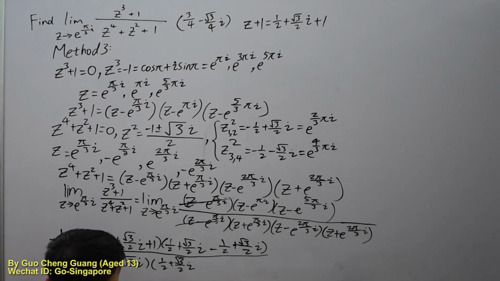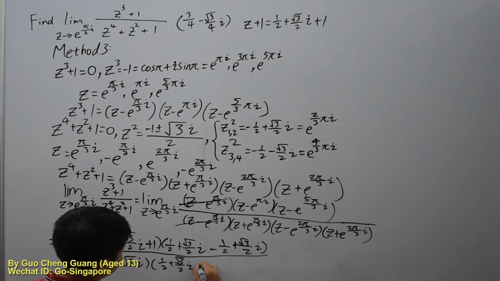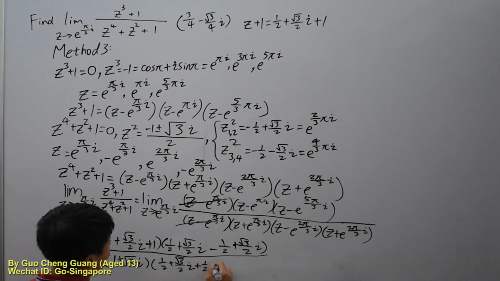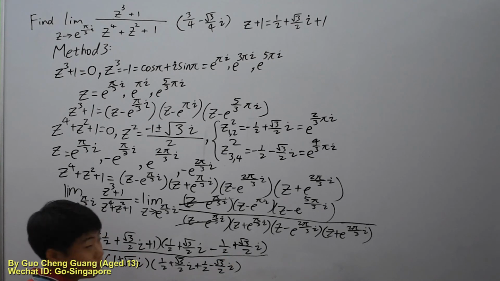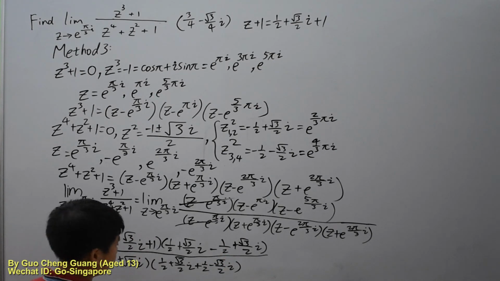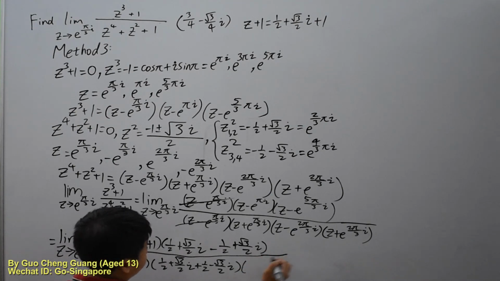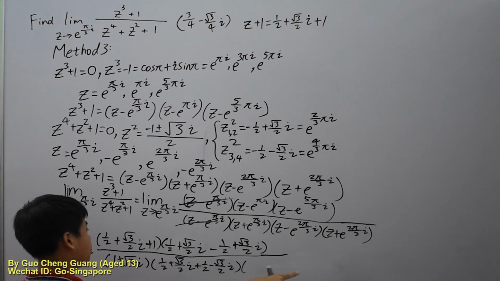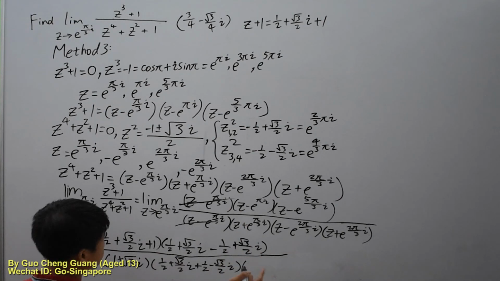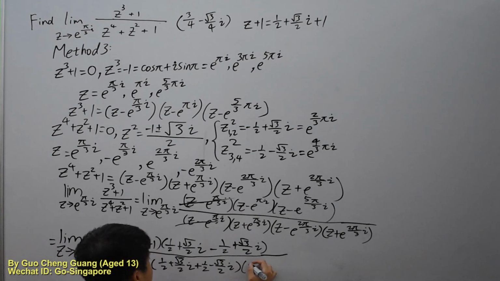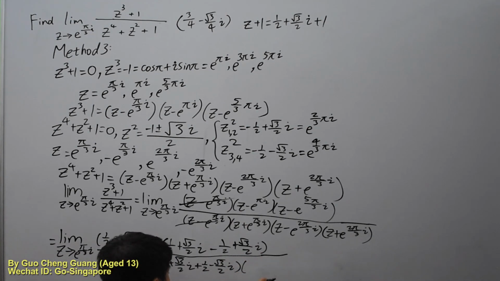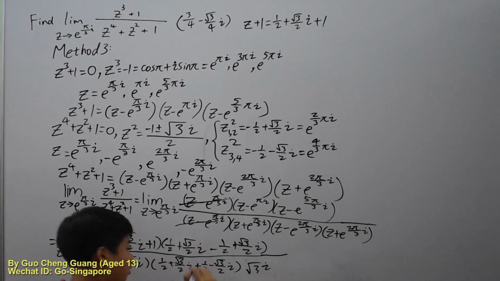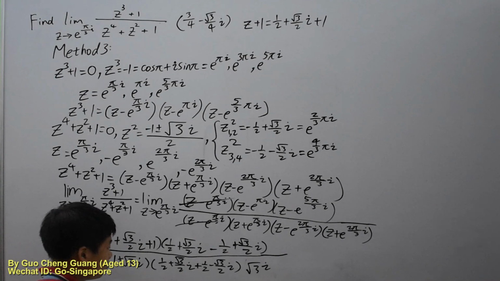Here minus. Yep, minus. So now it becomes plus half minus square root 3 over 2i. Alright? And here we're going to get z plus e to the power of this thing. So it is basically root 3i. Right?